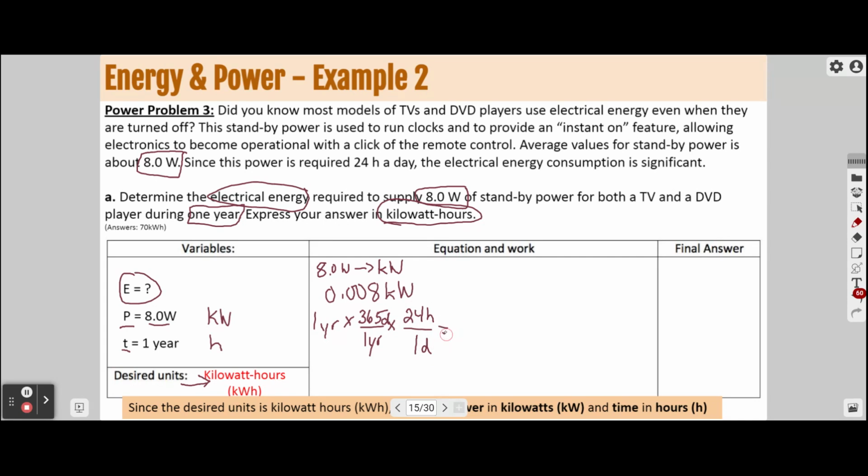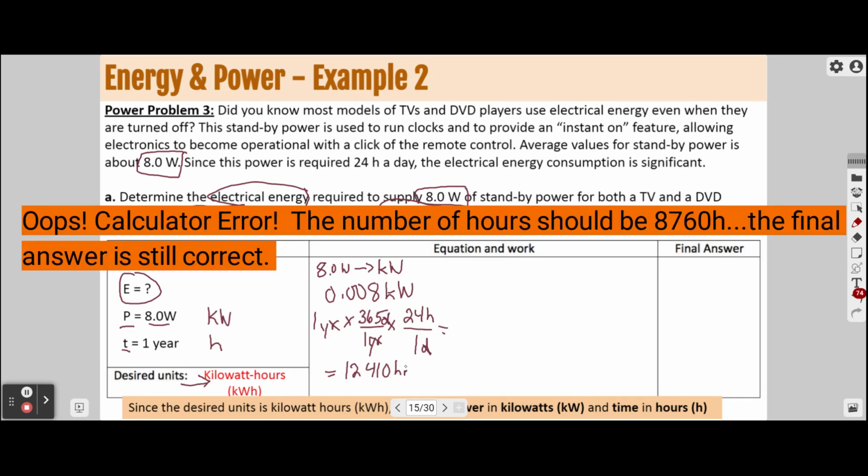So when we multiply this all out, our days will cancel out, our years will cancel out, and we'll be left with hours. So 1 times 365 times 24, which gives us 12,410 hours. And I won't get our significant digits right now. We'll deal with that at the very end.